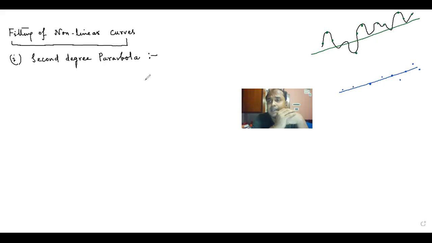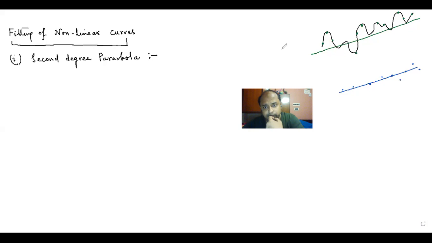The only difference between regression curve fitting and simple linear fitting is that in regression we used the concept of correlation, but without using the concept of correlation, we can also fit the curve. There is another way by which we can do that.